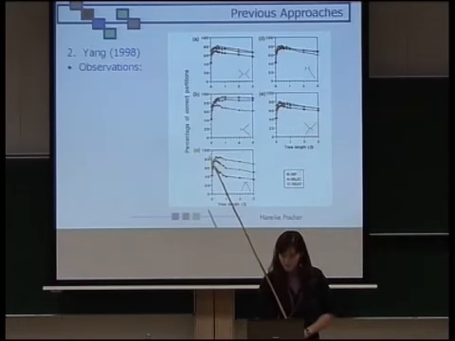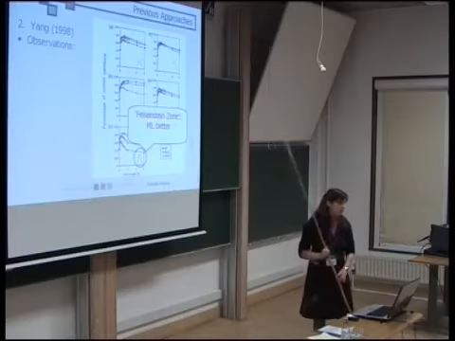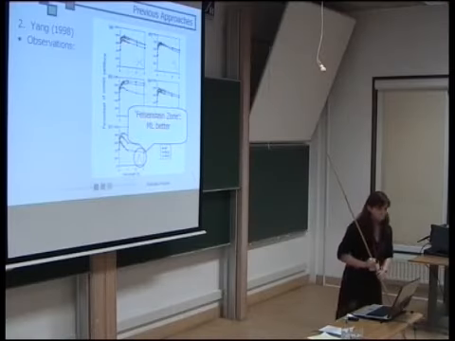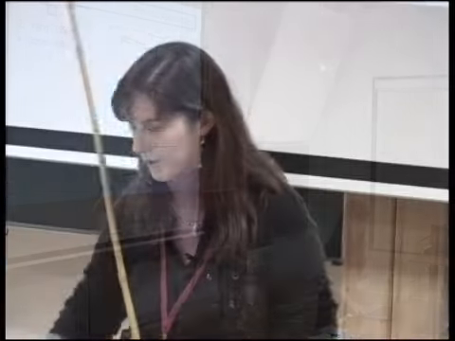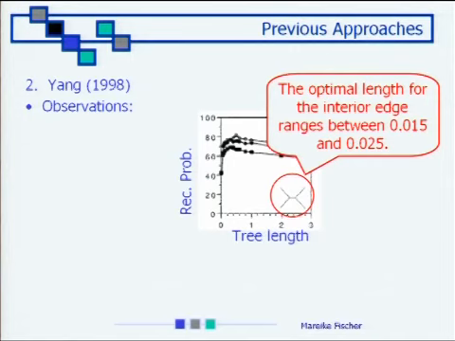And the opposite happens in the so-called Felsenstein zone, where you have a short and a long pendant edge on either side of the tree. Here, maximum likelihood does better. But the scenario we are interested in today is the scenario of having 4 pendant edges of the same length. And what Yang found in his simulations was that the optimal length for the interior edge ranges roughly between 0.01 and 0.02.